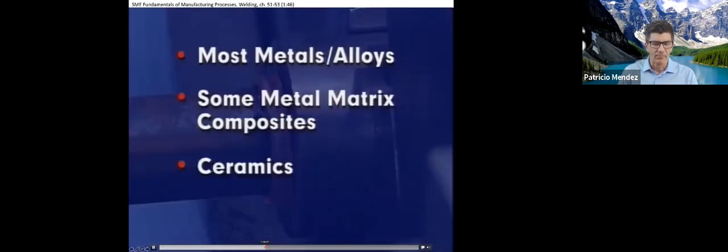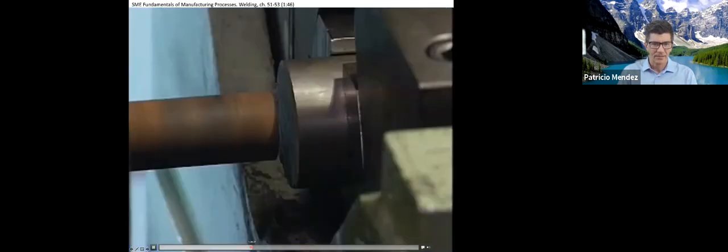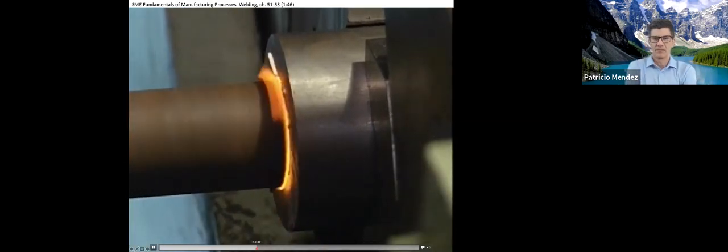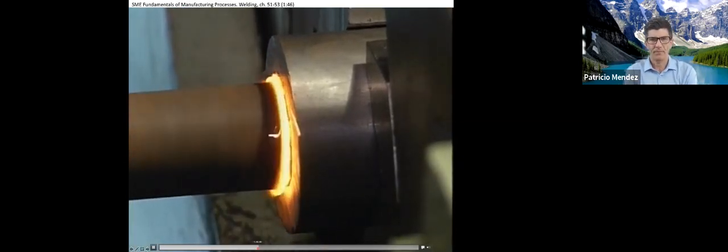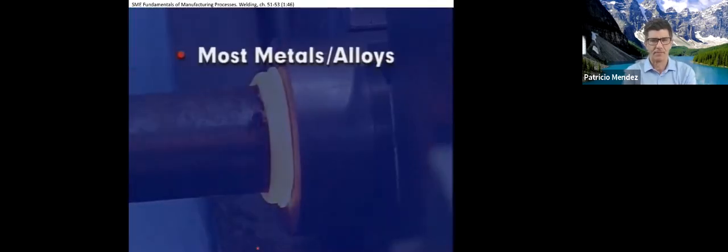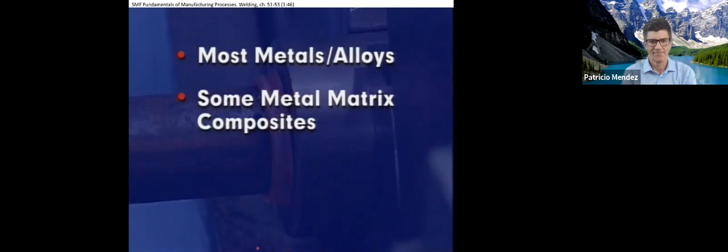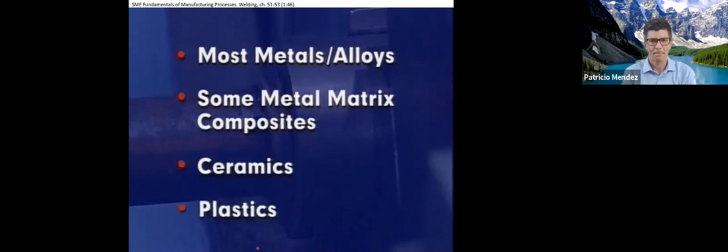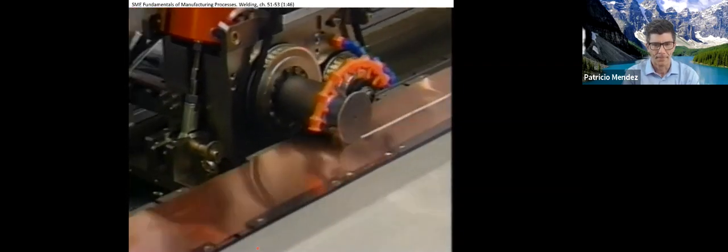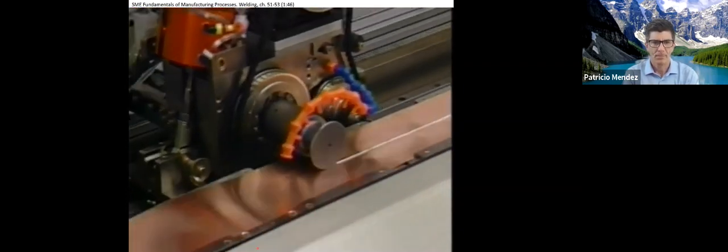It's ceramics and plastics. Composite. Additionally, friction welding can be used to join a wide range of similar and dissimilar materials, including most metals and alloys, some metal matrix composites, ceramics, and plastics. Ultrasonic welding is a method of producing lap joints by high-frequency vibratory energy and moderate force.